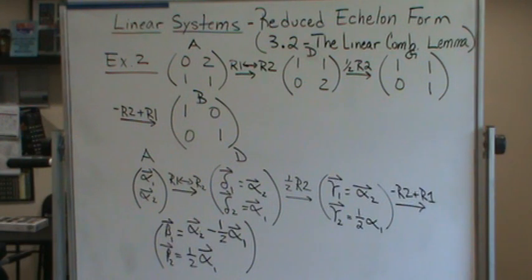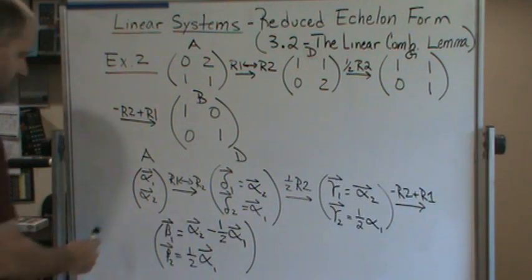So now here's the thing. Notice what's going on here. What Gauss's method is doing in these elementary row operations is systematically finding a suitable sequence of linear combinations of the rows.